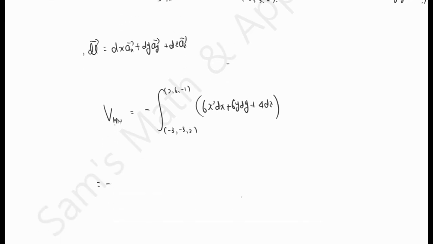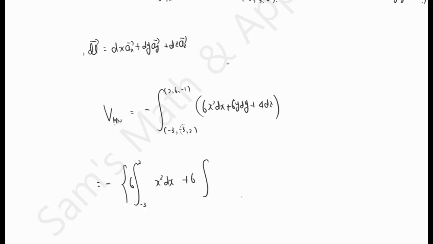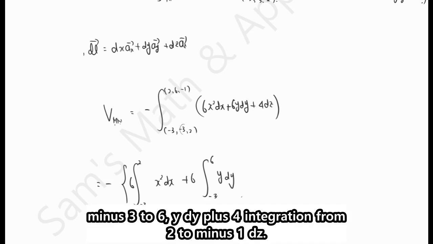This is minus the integration from minus 3 to 2 of 6x squared dx, plus 6 times the integration of y from minus 3 to 6 of y dy, plus 4 times the integration from 2 to minus 1 of dz.